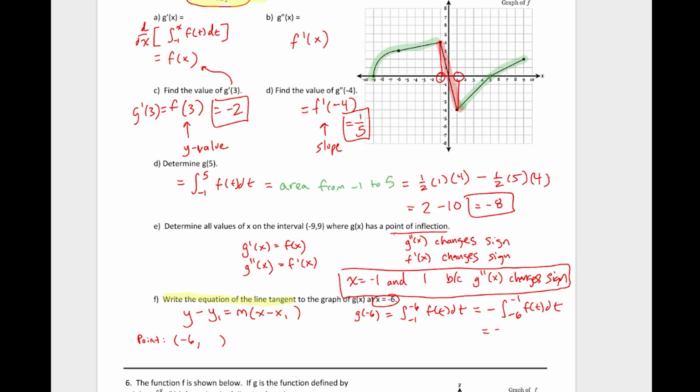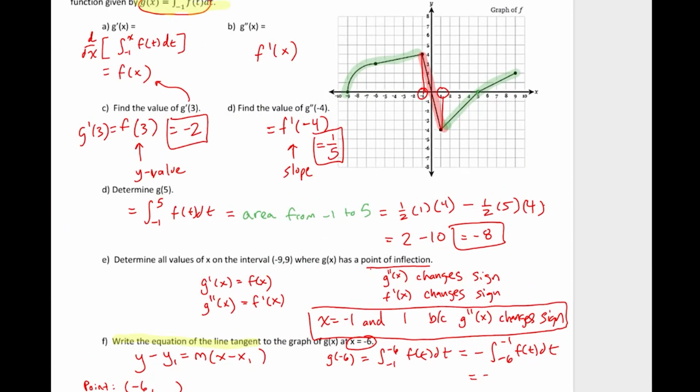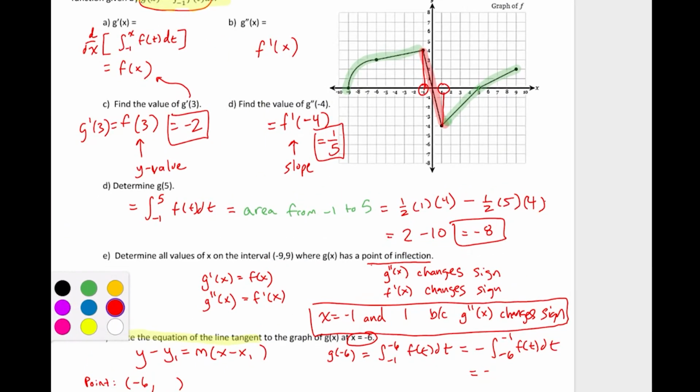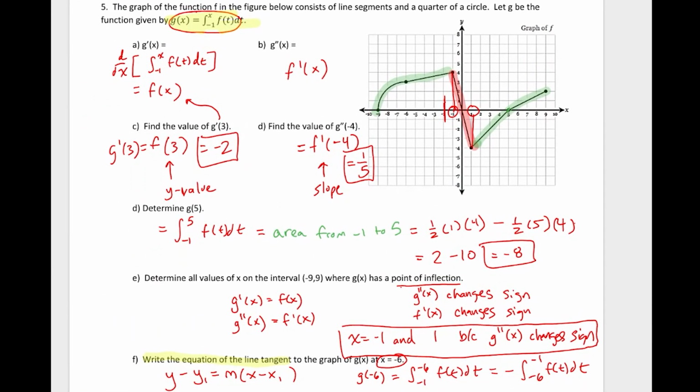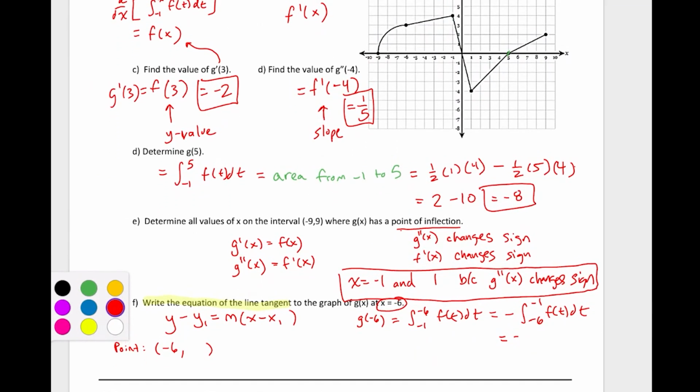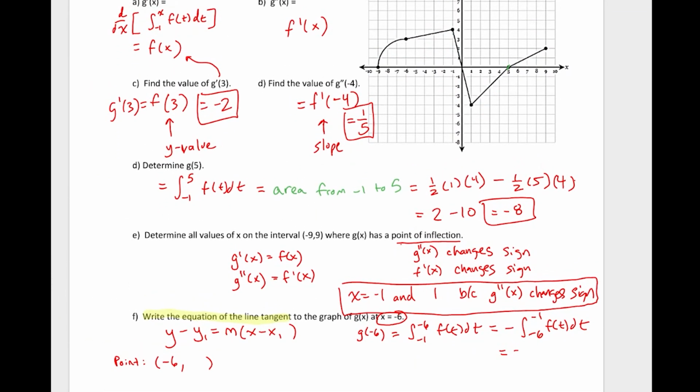So if we go look at the graph from -6 to -1, let's erase everything else that we've marked up over here. There we go. We want the area underneath the curve from -6 to -1, but we're going to consider that area negative.